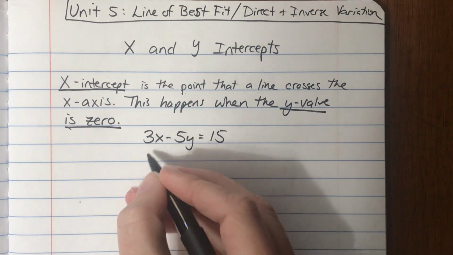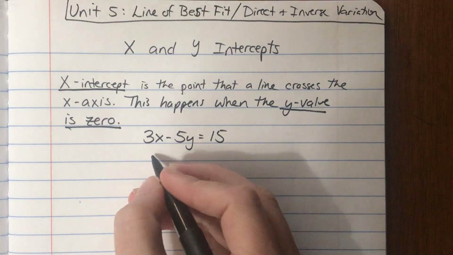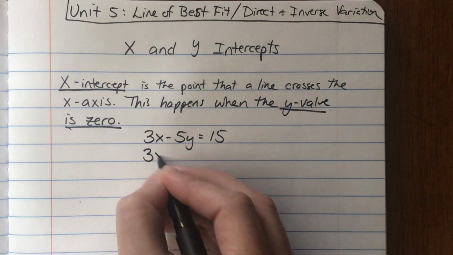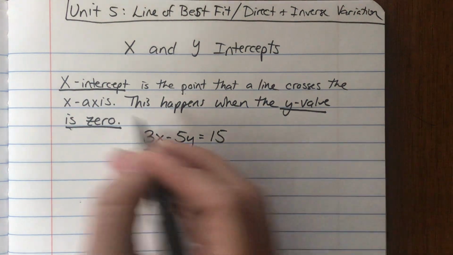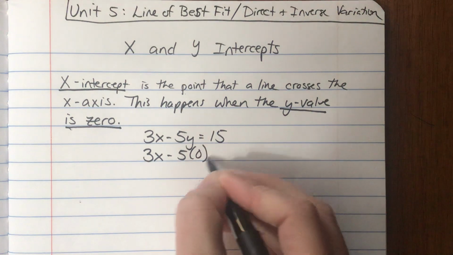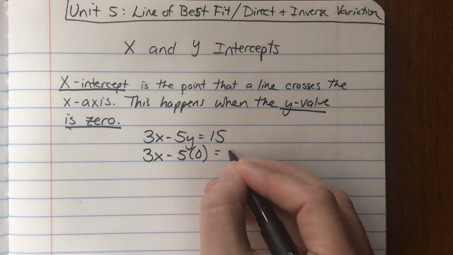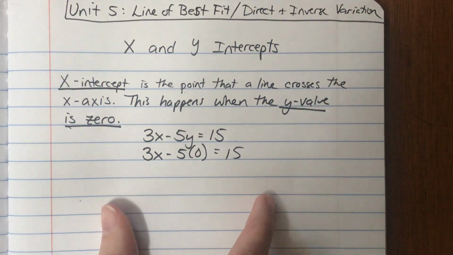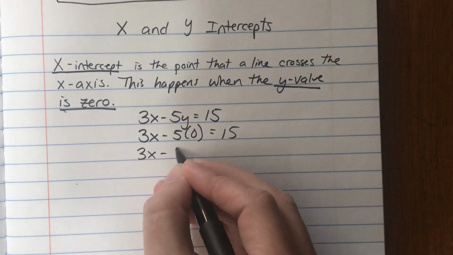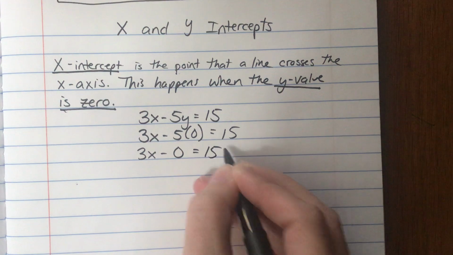So we would say 3x minus 5, and I want the x to remain, but I'm going to change y into 0. And so I would just plug in a 0 where I see y. And then I would solve this equation. So 3x minus 5 times 0 is equal to 15.